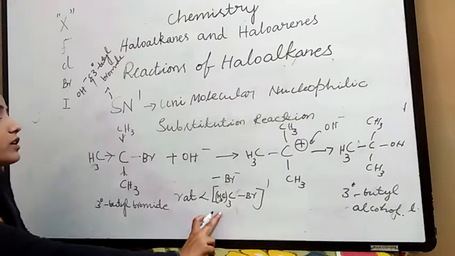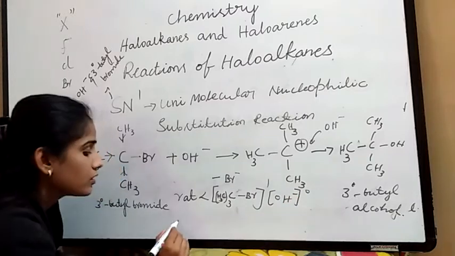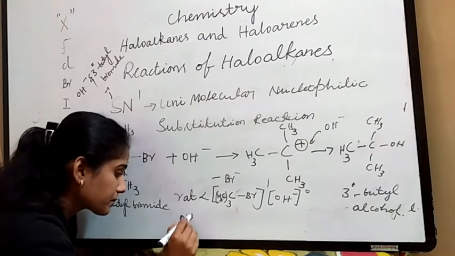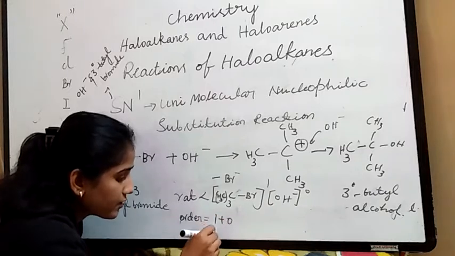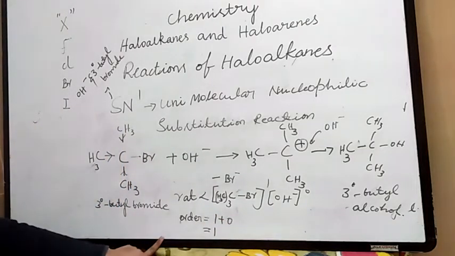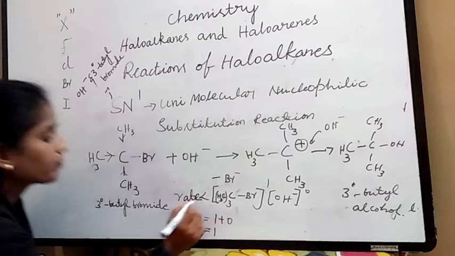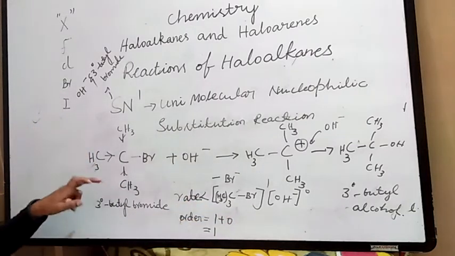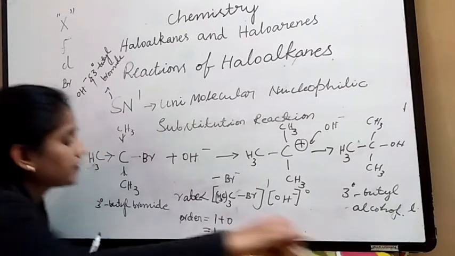The rate of reaction is directly proportional to the molar concentration of tertiary butyl bromide and not OH minus, so that is 0. Therefore, the order is 1 plus 0, which is 1. Hence, SN1 is a first order reaction. This is about the statement of SN1.